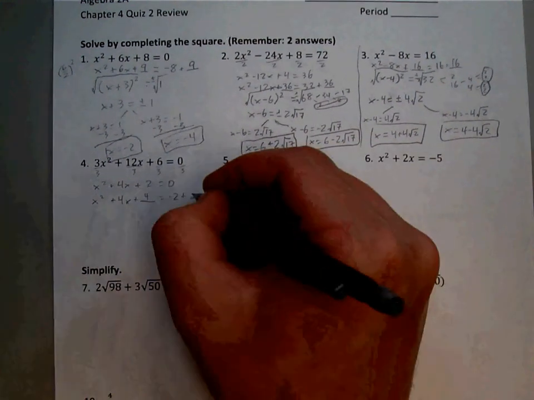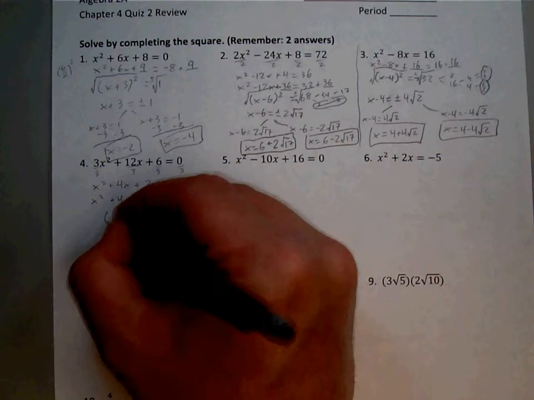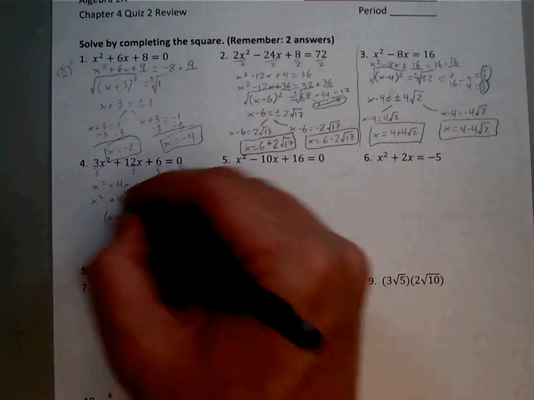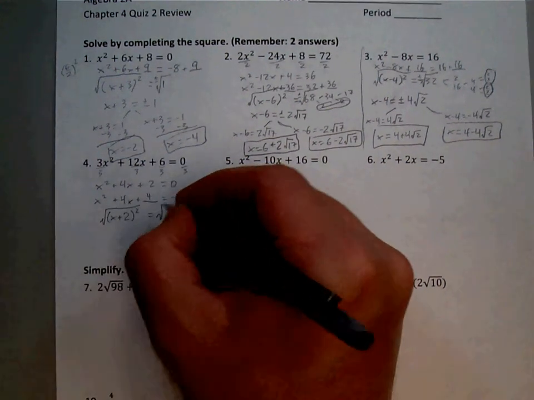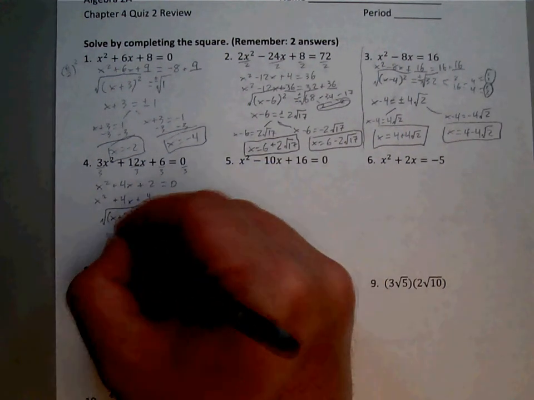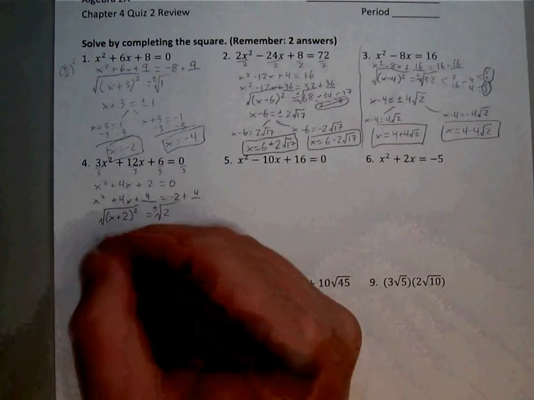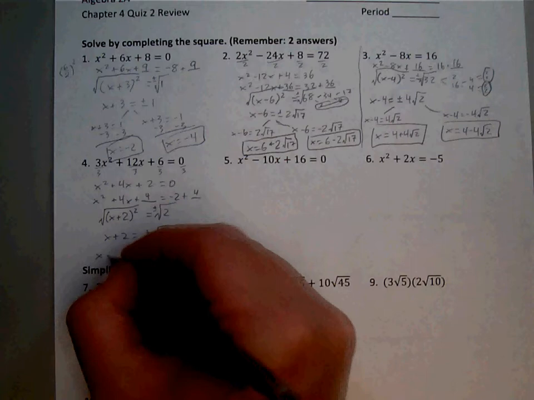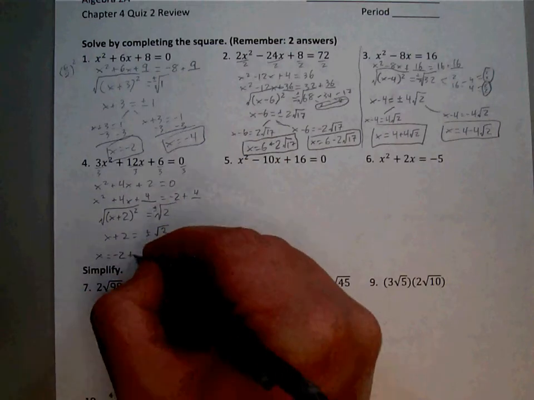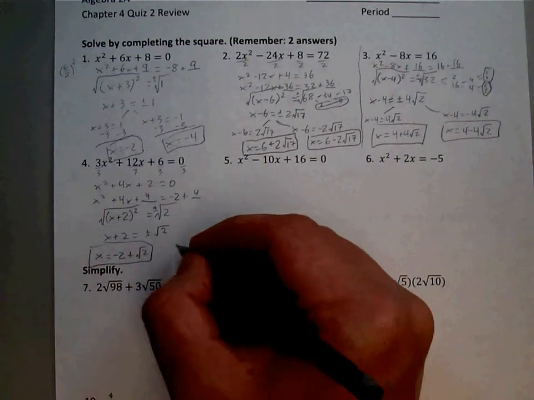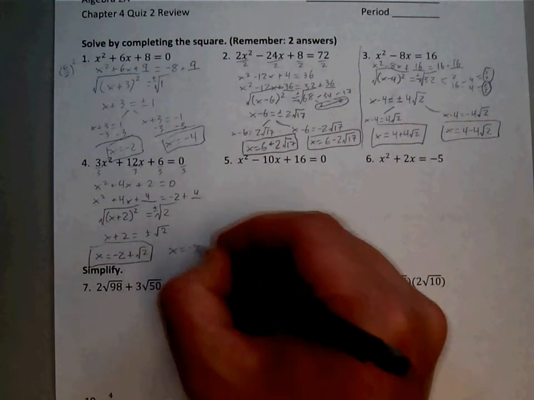Squared is 4, so I need to add 4 to both sides. x plus 2 squared equals 2. x plus 2 equals plus minus square root of 2. I'm going to run out of room here, so I know I'm going to subtract 2. I'll have negative 2 plus square root of 2. And I'll have negative 2 minus the square root of 2.